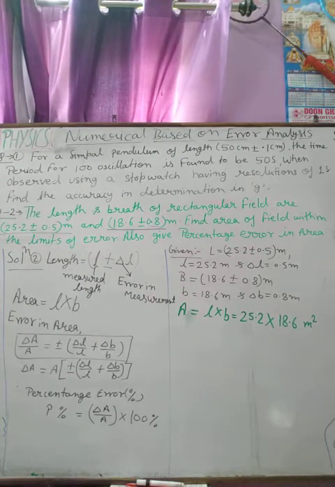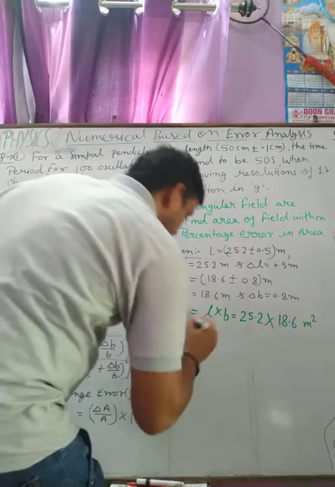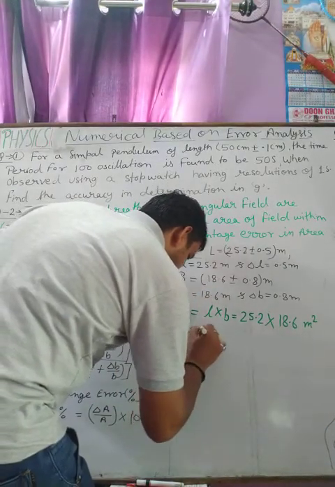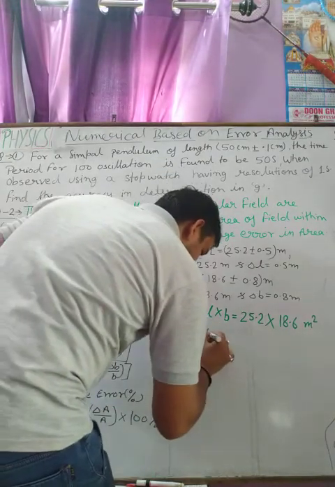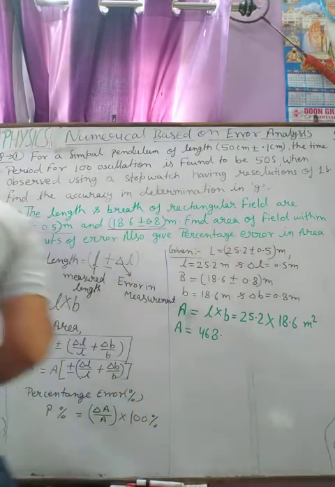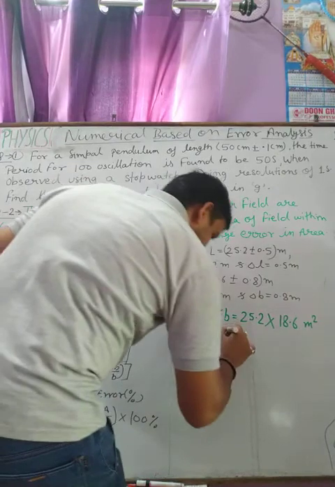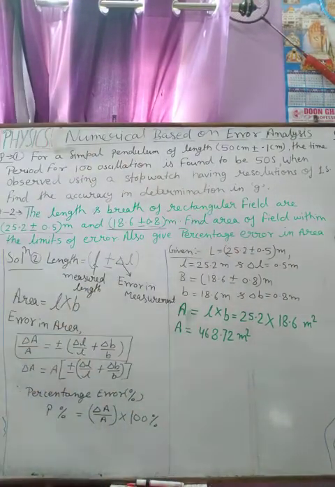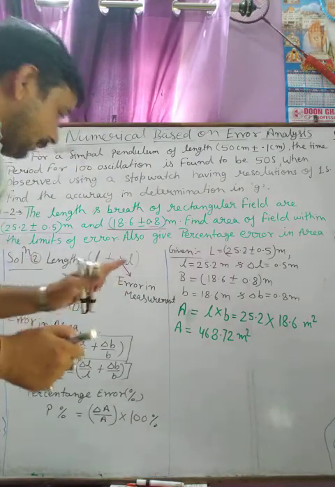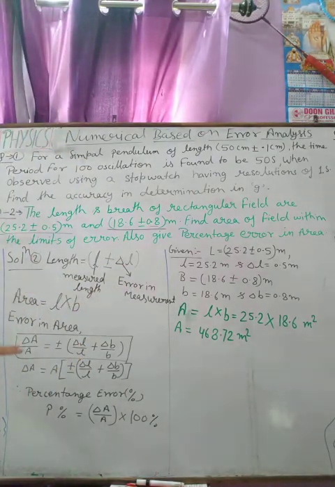Okay students, when we multiply this, we get the result: area is equal to 468.72 meter square. This is the area. Now we need to calculate the error in measurement of area.